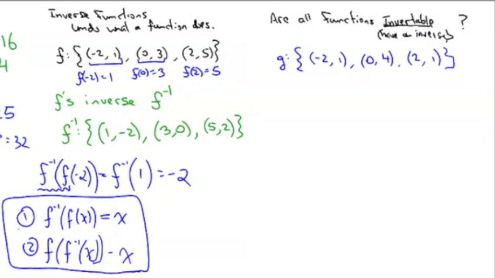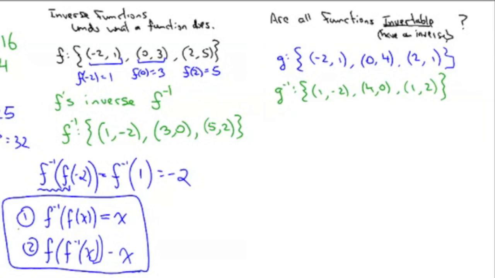All right, let's set up G's inverse. G inverse would look like this then. 1, 2, 4, 0, 1, 2. If you haven't figured it out yet, an inverse function just takes a domain and range and switches them. That's literally the entire section. If you ever are in doubt, take the domain and range and switch them.